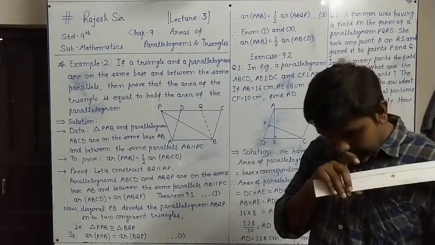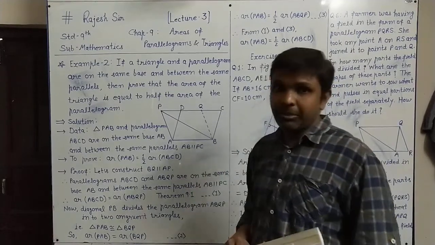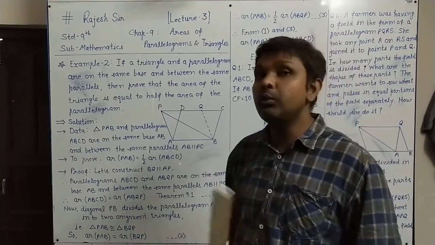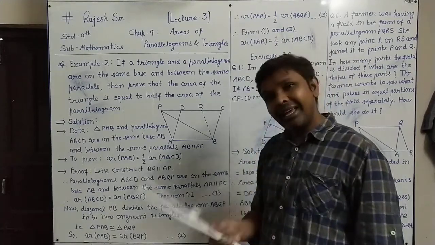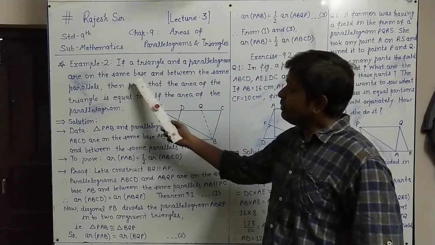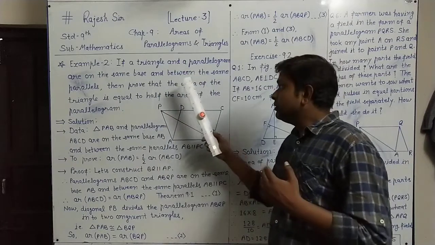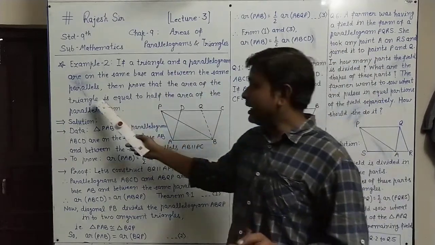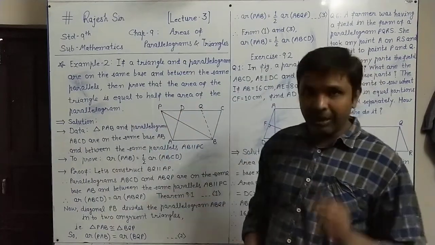In the theorem we have seen, if two parallelograms are on the same base and between the same parallels, they have equal area. Now this example shows us the relation between a triangle and a parallelogram which are on the same base and between the same parallels. Then we have to prove that the area of the triangle is equal to half the area of the parallelogram.